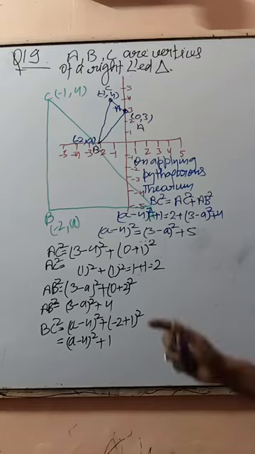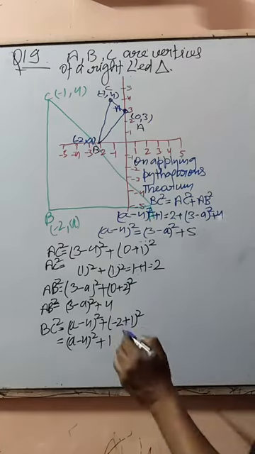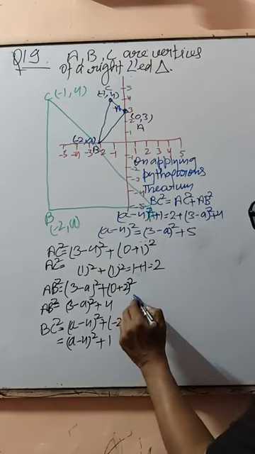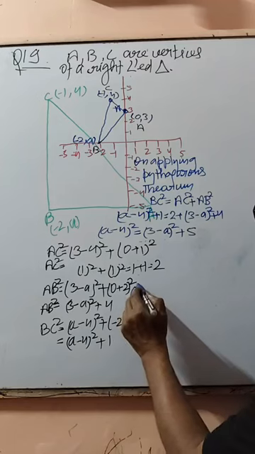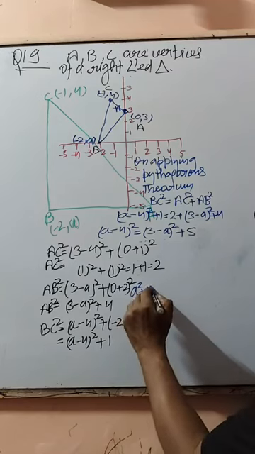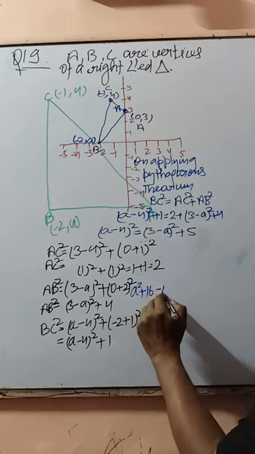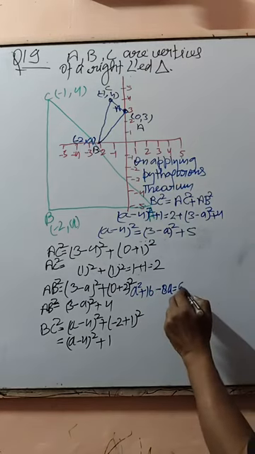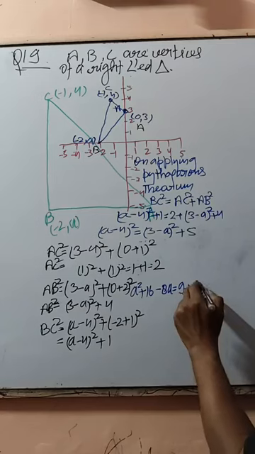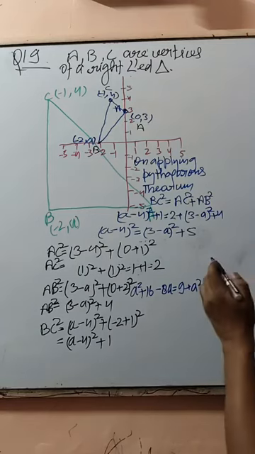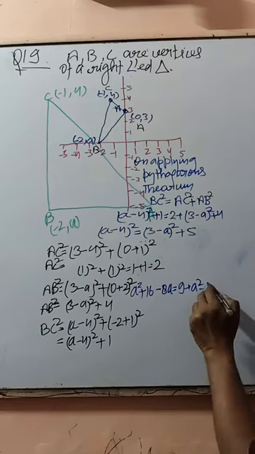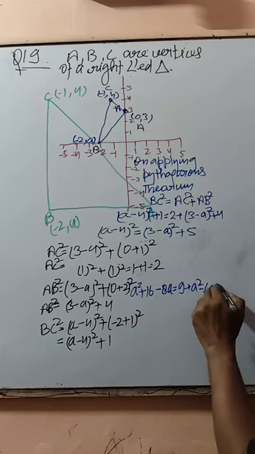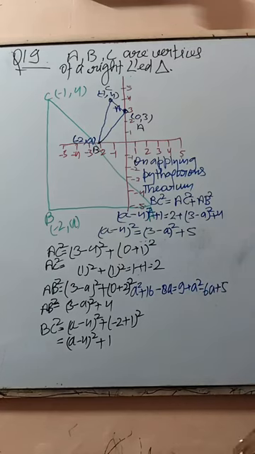Now you open the bracket: a square plus 16 minus 8a is equal to 9 plus a square minus 6a plus 5. You get this? Yes. Okay.